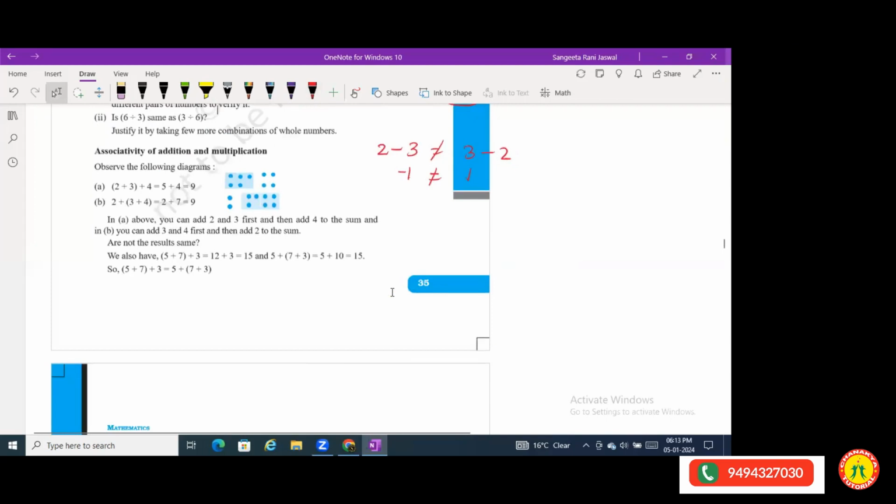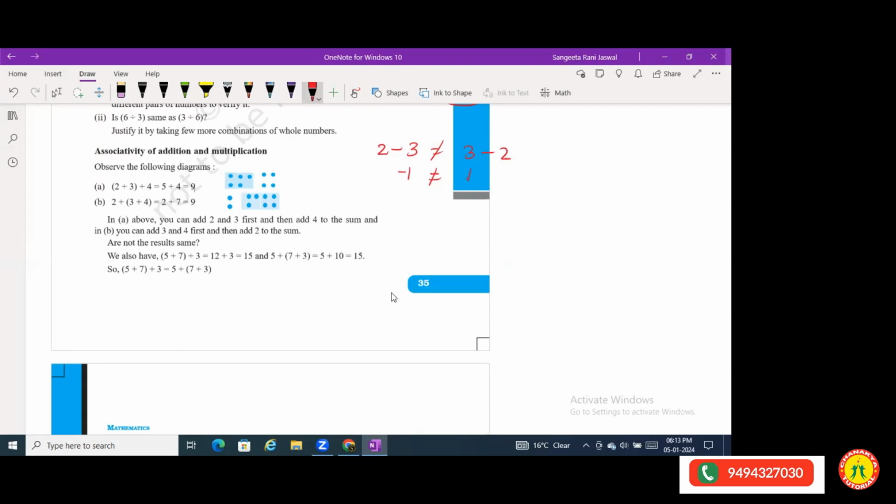Now associativity. Associativity is adding or multiplying in groups. In whichever group you add them, the answer will be the same. Suppose you have 2 plus 3 plus 4. I group 2 plus 3, which gives 5, then add 4, and 4 plus 5 gives 9.